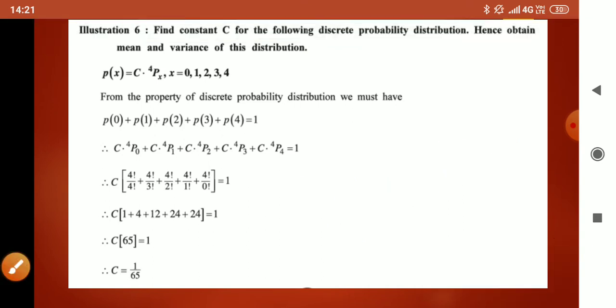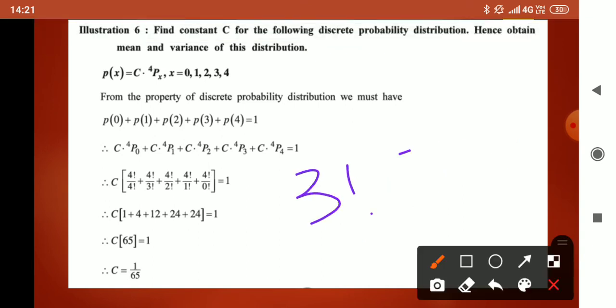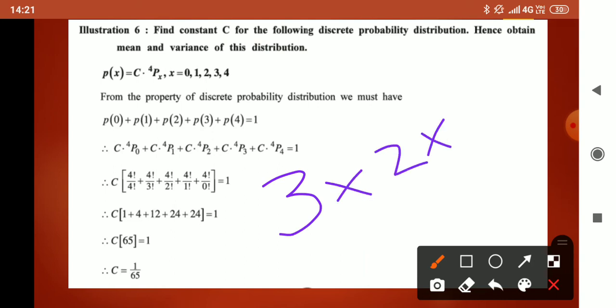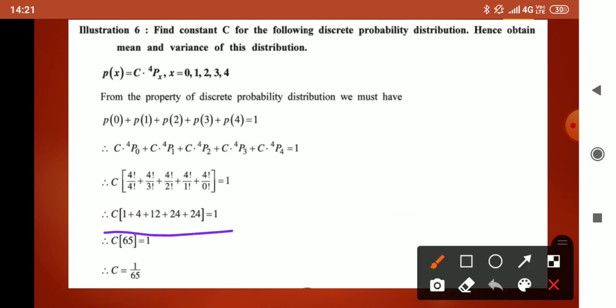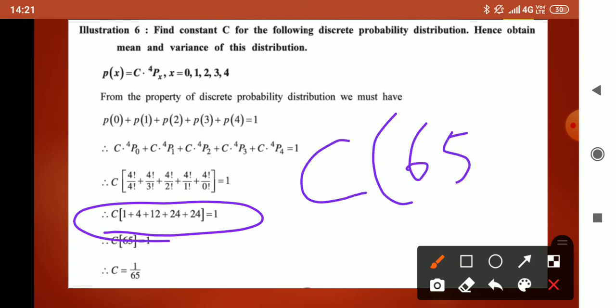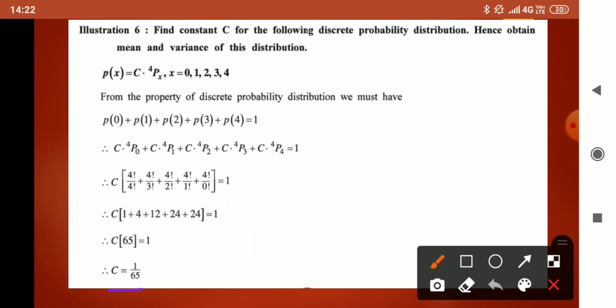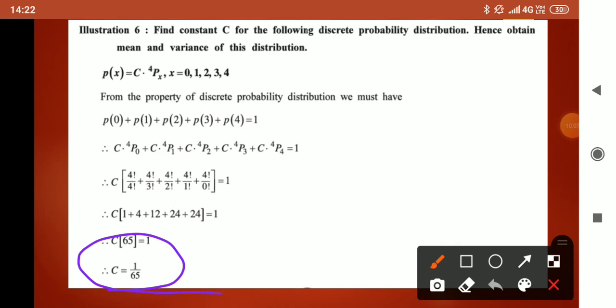And 3 factorial is 3 into 2 into 1, which is equal to 6. By dividing all these, we get the answer: C into 65 equals 1. So your C will be 1 by 65.